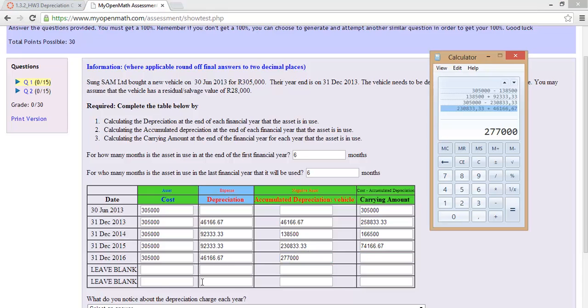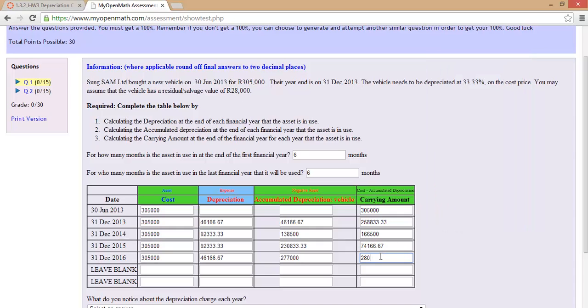My carrying amount is then the 305 cost price minus the 277,000, and that is 28,000.